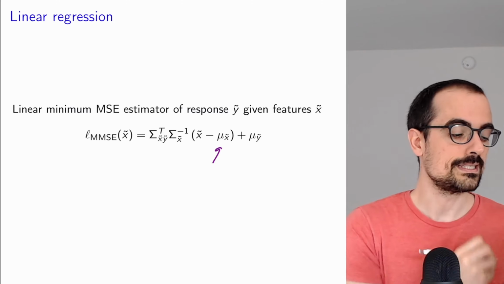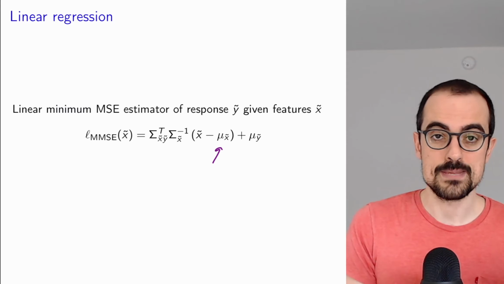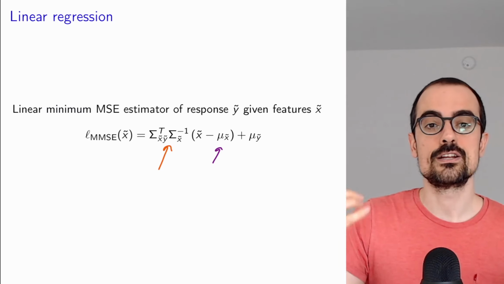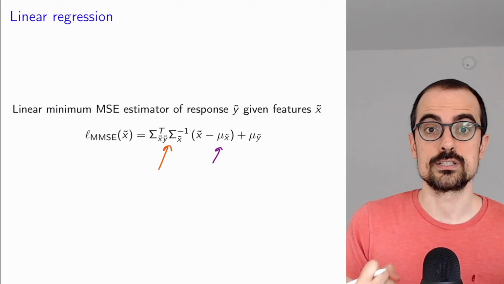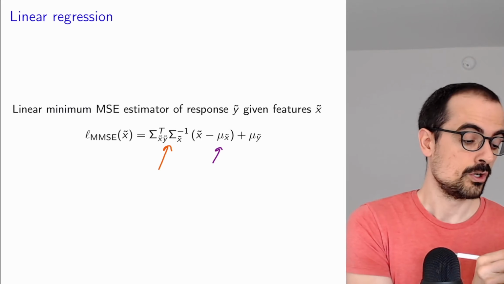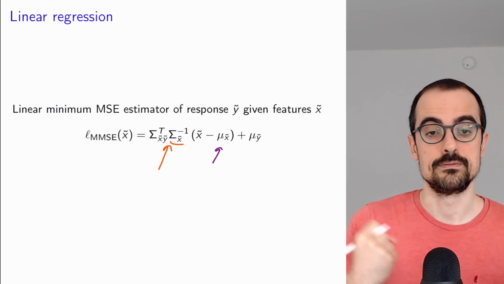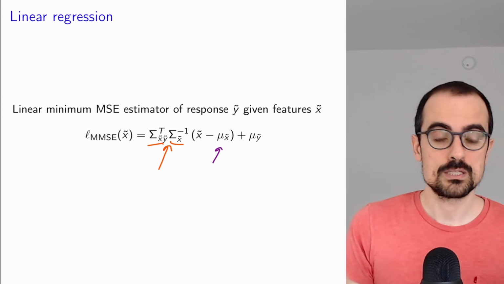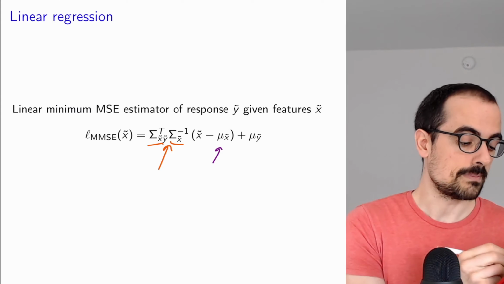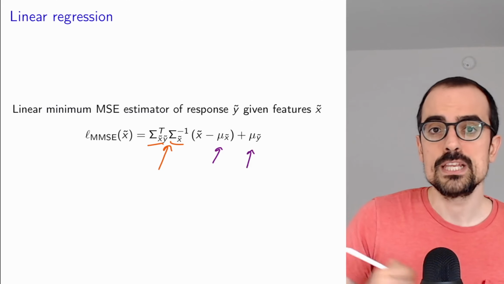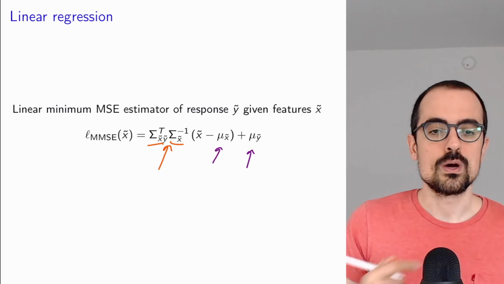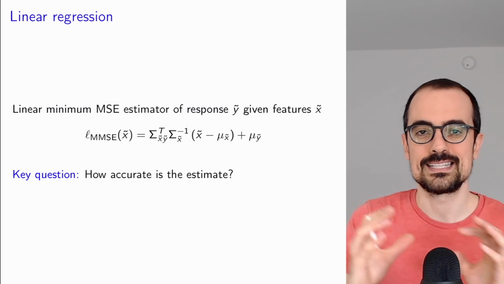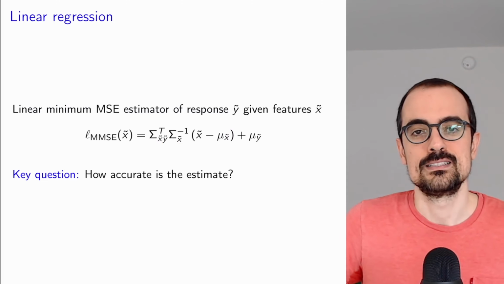What we do is we center the features subtracting their mean, then we apply linear coefficients that correspond to the inverse of the covariance matrix of the features times the cross covariance between the features and the response, and finally we add back the mean of the response. Now a key question is, how good is this estimate? How well does this estimate actually approximate the response?